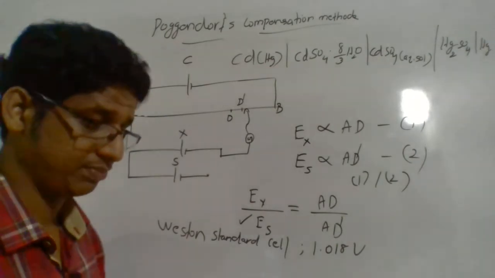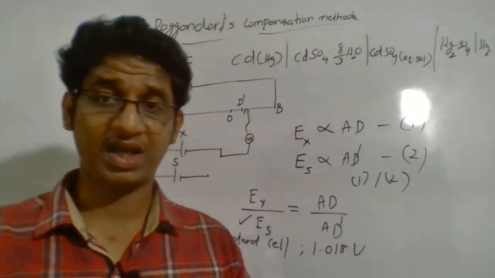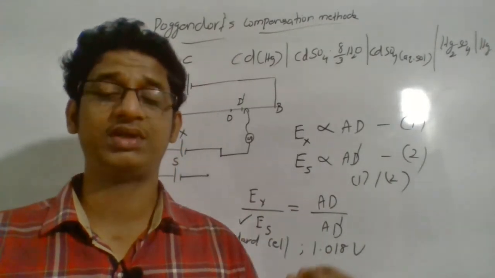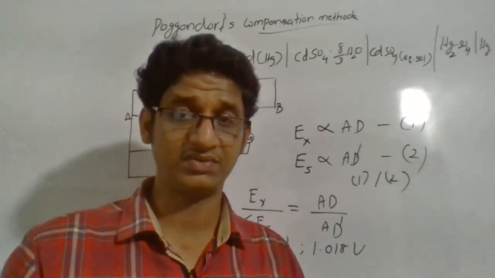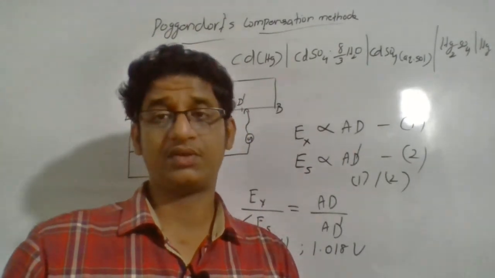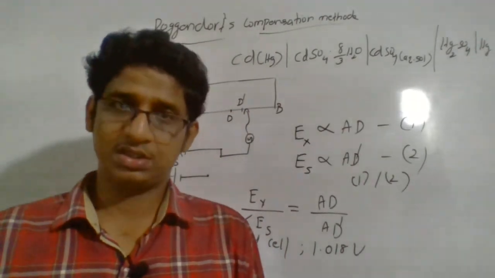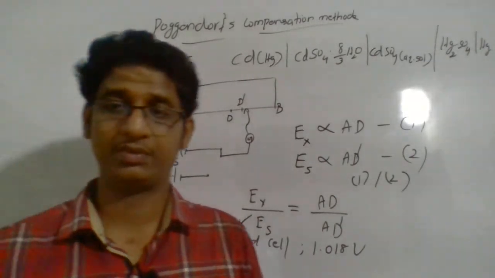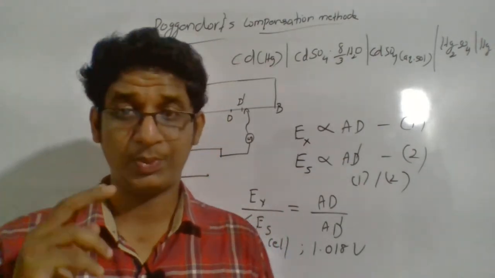Again I am repeating, this potentiometric method gives a more accurate result if you want to find the EMF of a cell, whereas a voltmeter generally changes the concentration of the electrolyte, which varies the EMF of the cell as well. So for a simple purpose we can use a voltmeter, but if you want to measure the EMF of a cell accurately, go for the potentiometric method.